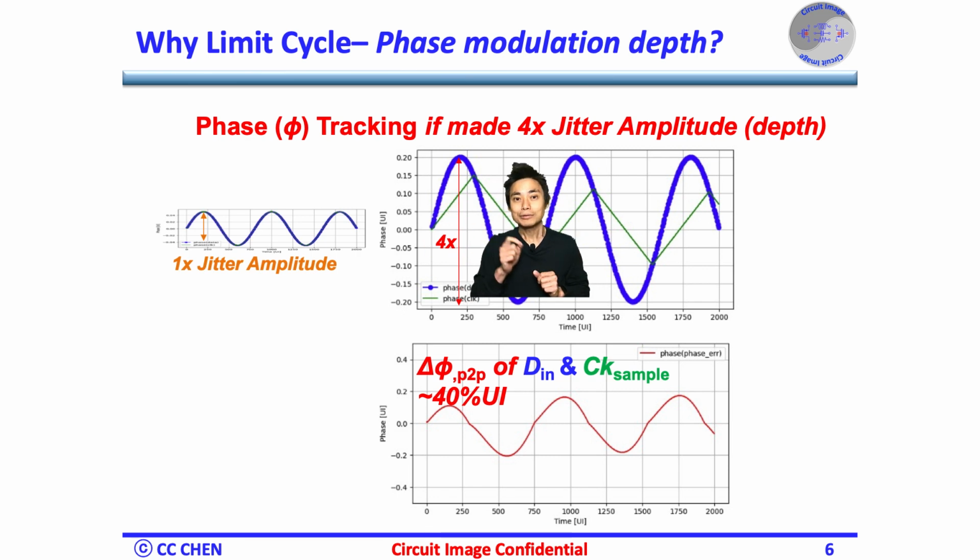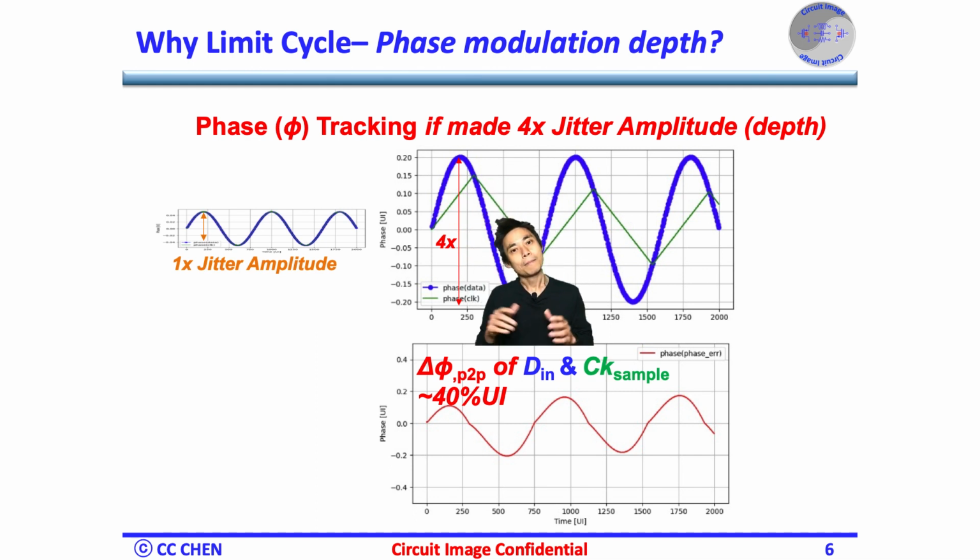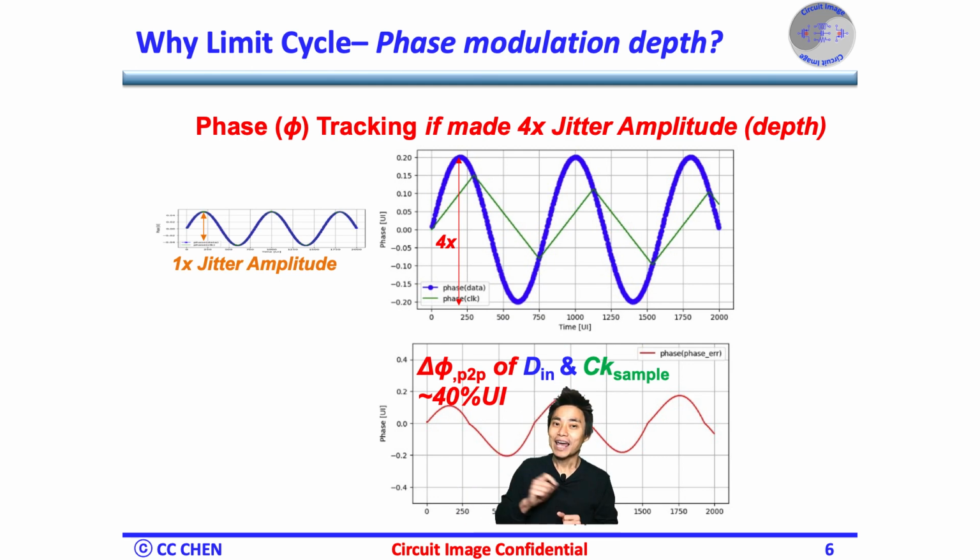In our modeling experiment of making 4 times phase movement over 4 times peak-to-peak jitter amplitude, the phase tracking image not only shows the limit cycle, but also provides the phase error could be up to 40% UI here, which is very serious and could cross the eye width at the sampler input completely.